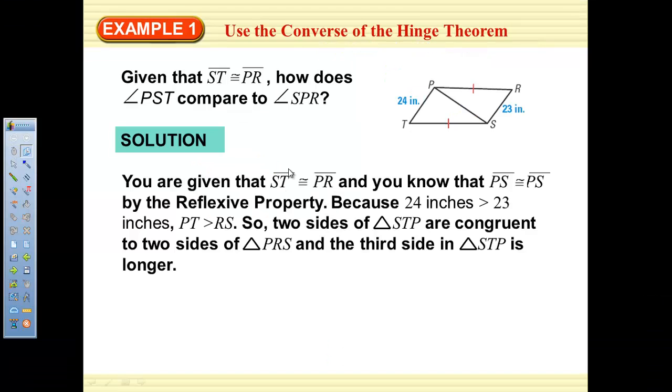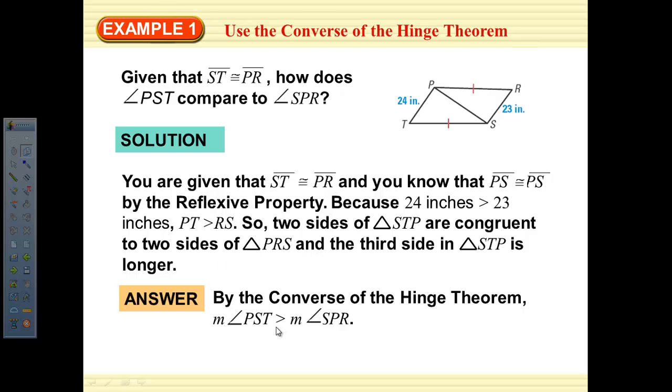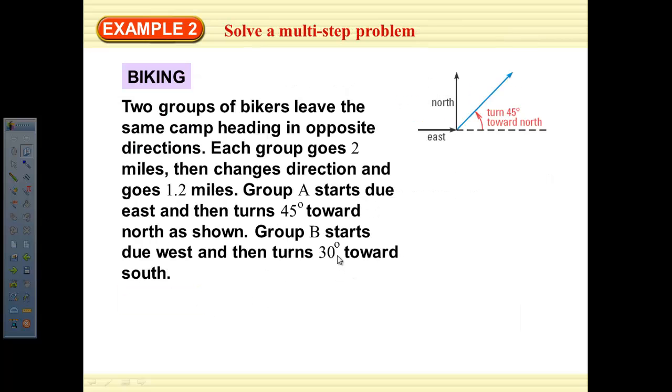And again, we know that ST and PR are congruent, PS and PS are congruent, but 24 inches is bigger than 23 inches. Therefore, since PT is opposite PST, it's going to be bigger than RS, which is opposite SPR.